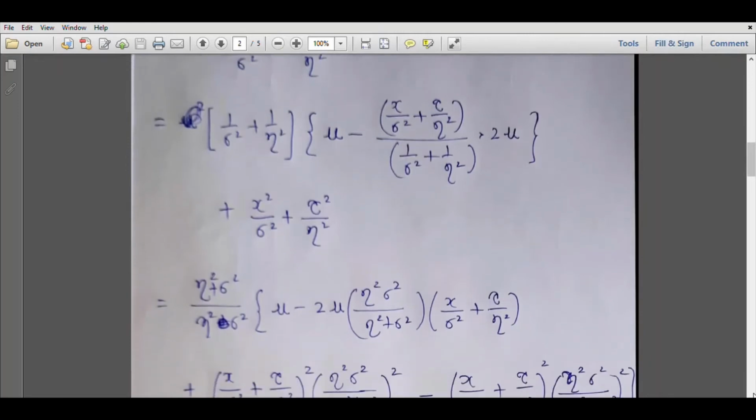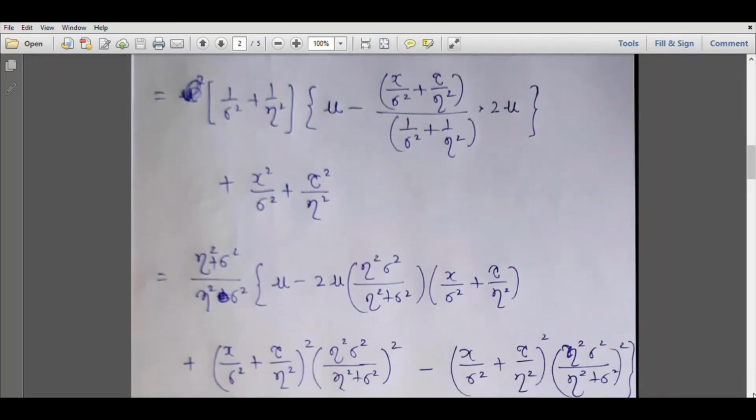So now the further adjustment will give me, again this term should be mu square. Please note this correction. This term should be mu square here. So this should be eta square. Now the term which we have taken common can be simplified as (eta square plus sigma square) upon (eta square into sigma square) into (mu square minus 2 mu).